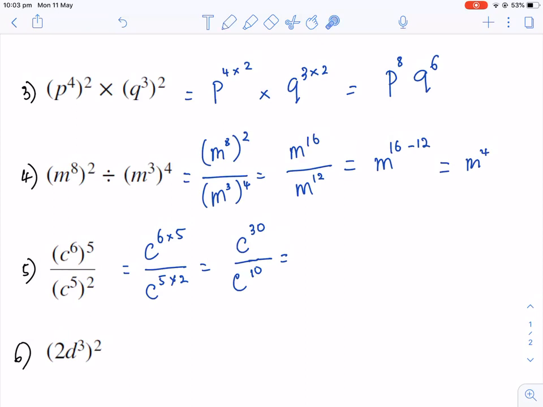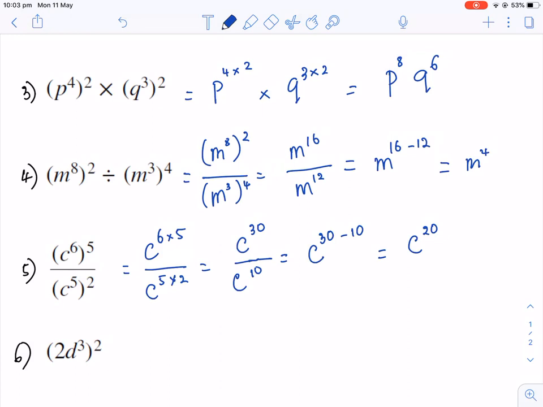Again, this one is not your final answer. We can still apply the second index law here. All you have to do is write down the base and take the index of the numerator take away the index of the denominator. And your final answer is c to the power of 20.